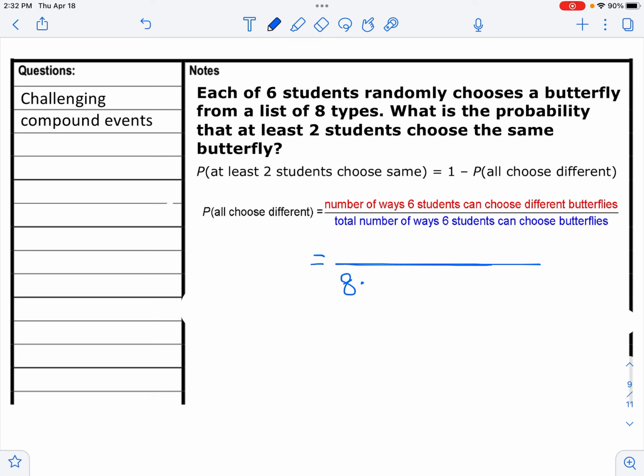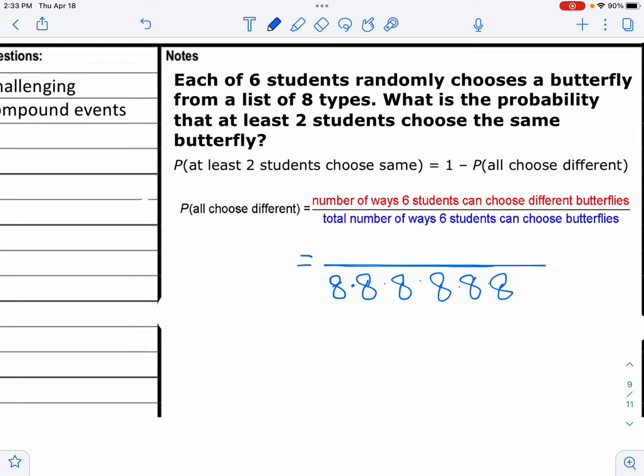So total number of possible butterflies, each student has 8 choices. And there are 6 students. So total number of possibilities here would be 8 to the 6th power, which is a big number, 262,144.